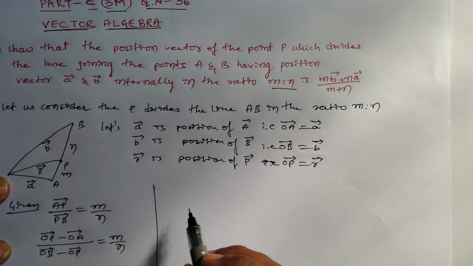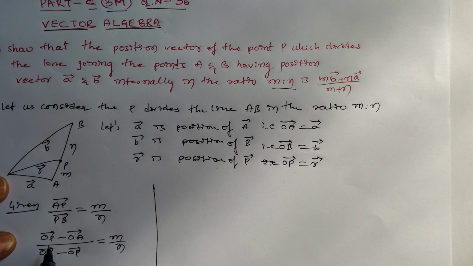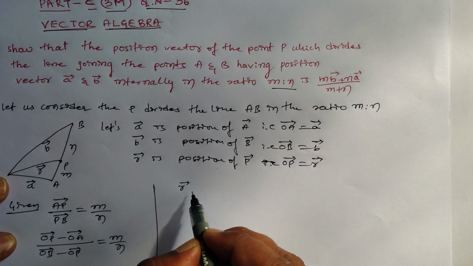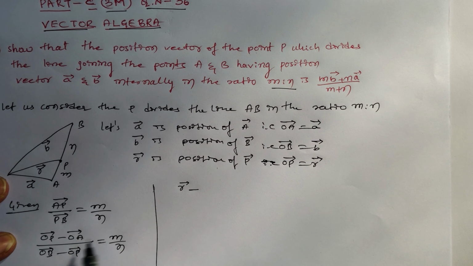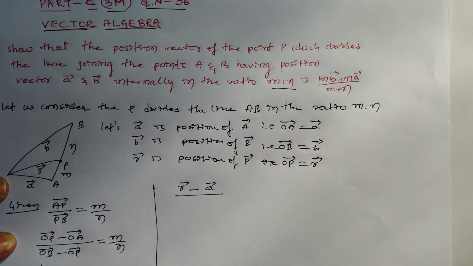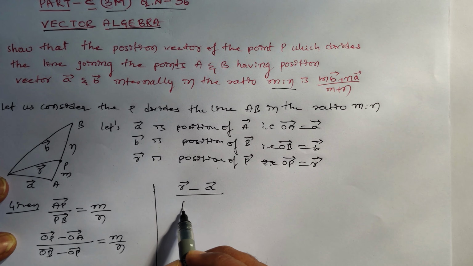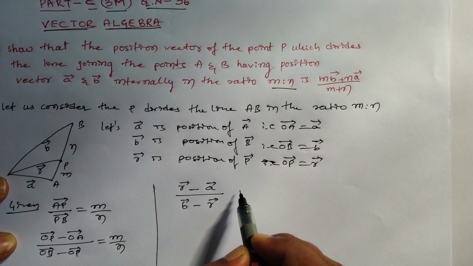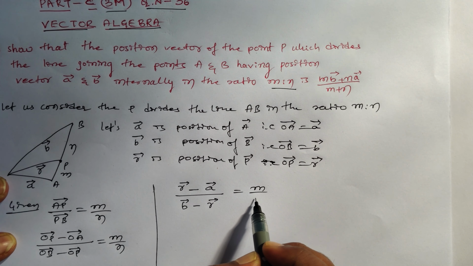Next, what is OP vector? OP vector is R vector minus, so what is OA vector? OA vector is A vector, divided by what is OB vector? OB vector is B vector minus R vector, is equal to m by n.